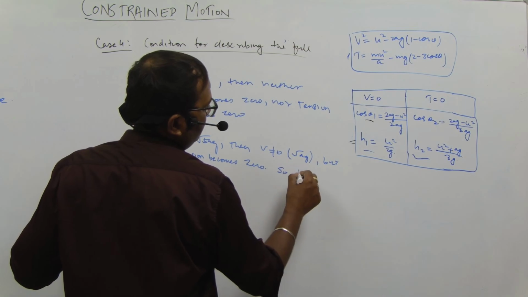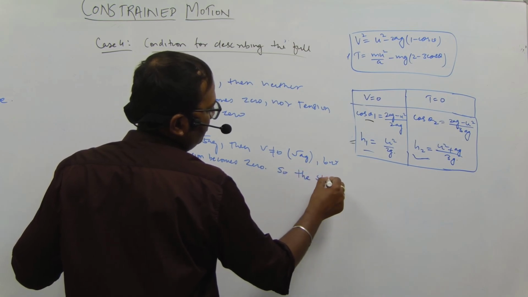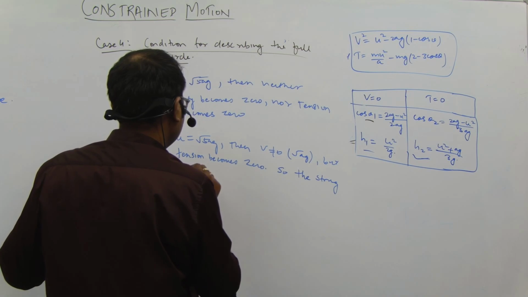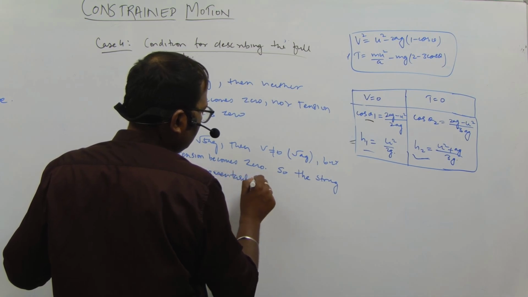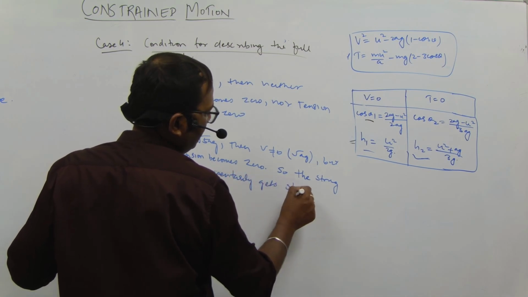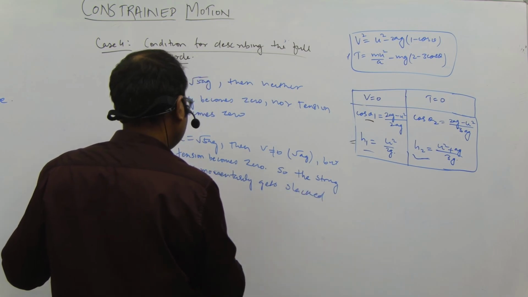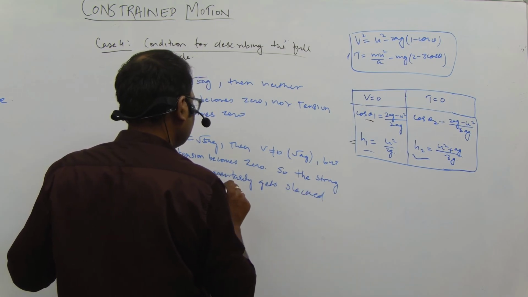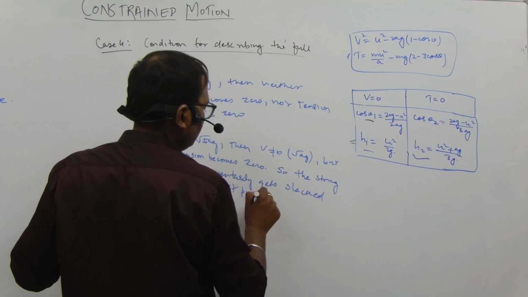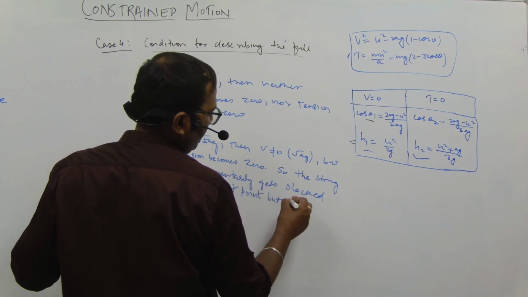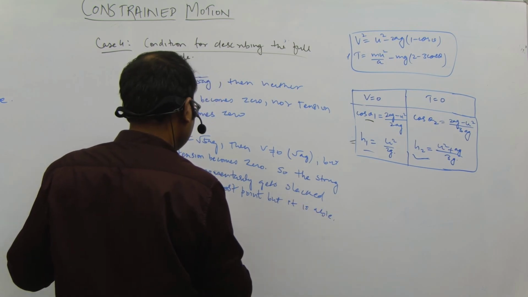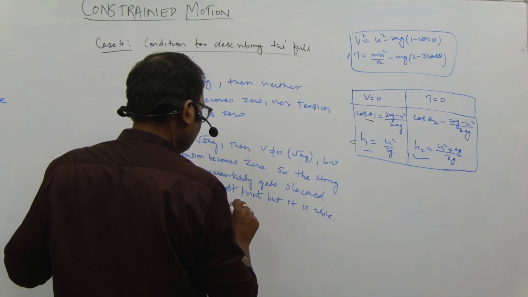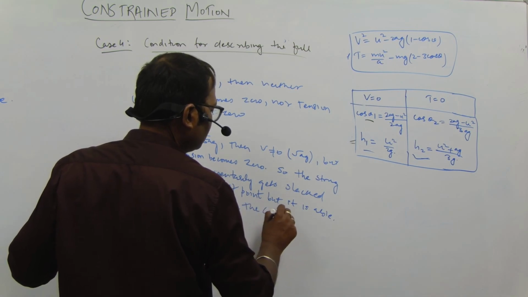So the string gets momentarily slack at the topmost point, but it is able to describe the complete circle.